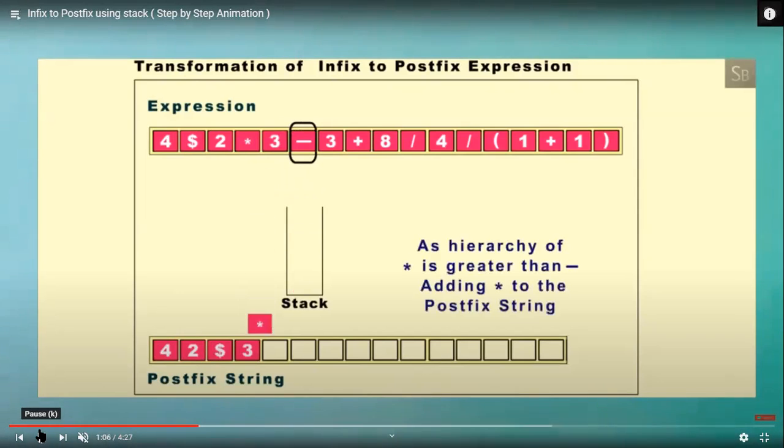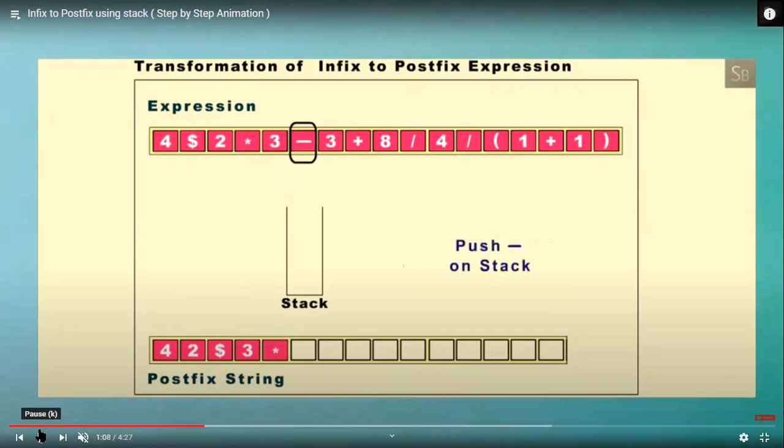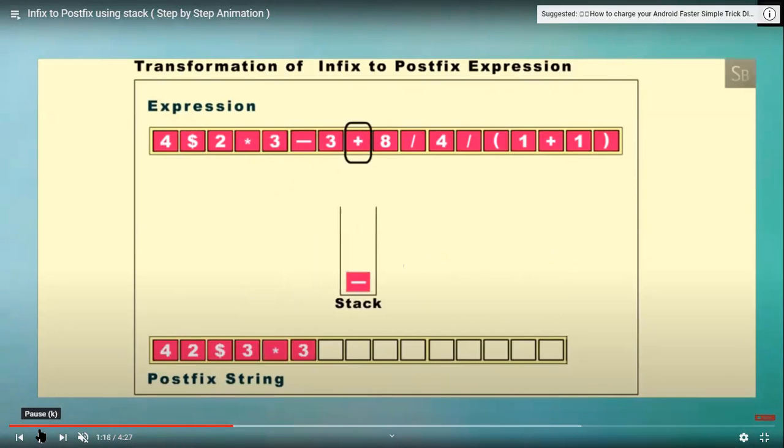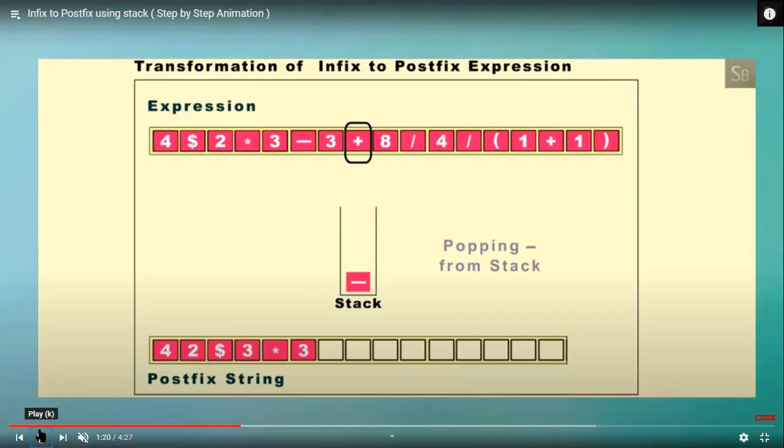So star has been placed in the postfix string, and minus is placed on the stack. Then 3 is the digit that is scanned, and it is placed in the postfix string. The next operator after scanning 3 is plus.